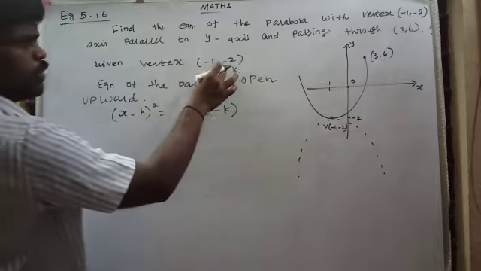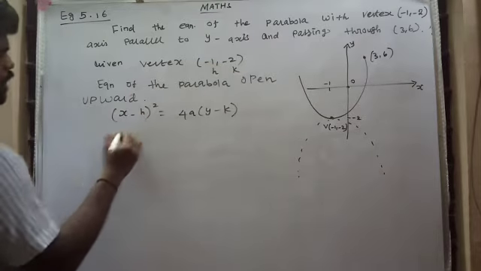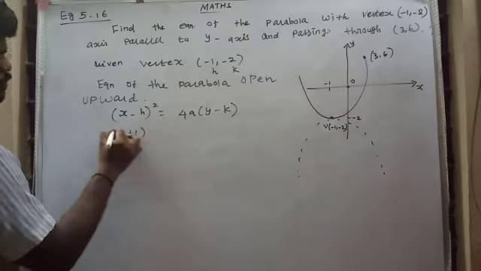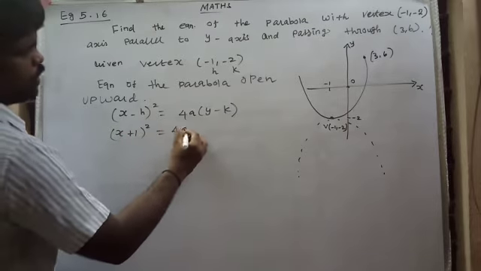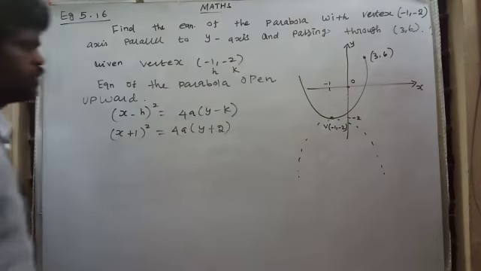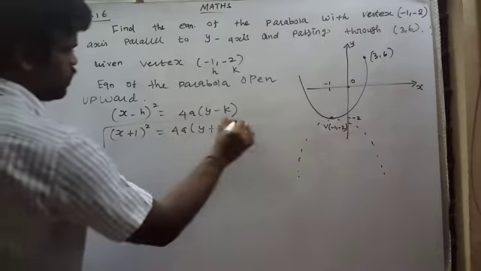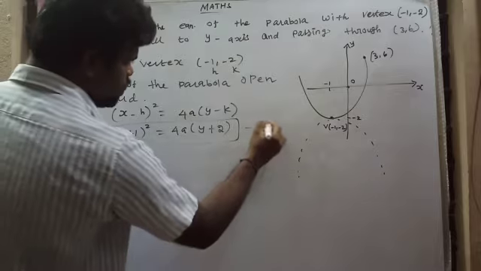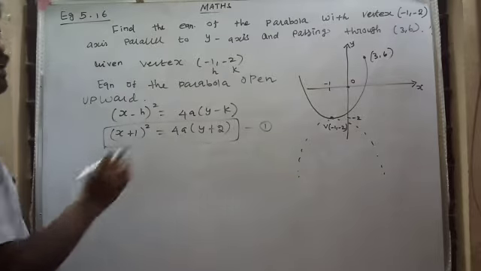Here we apply the vertex (h, k): (x + 1)² = 4a(y + 2), since the k value is -2. So this is equation 1, and we want to find the a value.